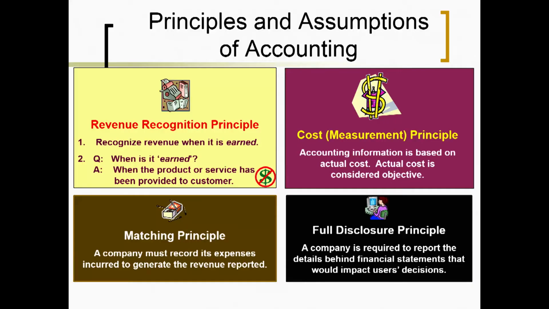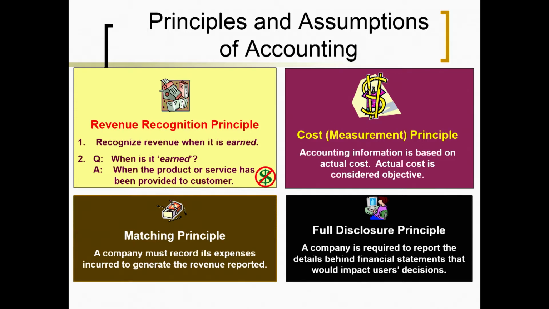Let me go to something that's very important, and that is there are certain principles and assumptions of accounting, right? And we talked about the revenue recognition principle, didn't we? You hear me say this a lot. We're going to talk about these others, but let's remind ourselves what the revenue recognition principle is.